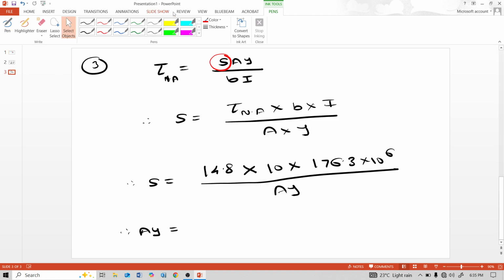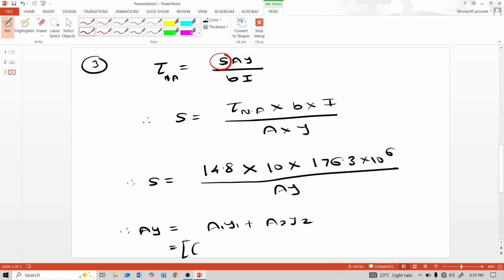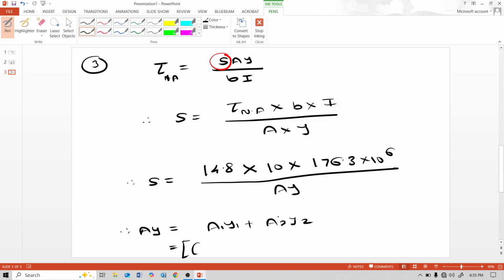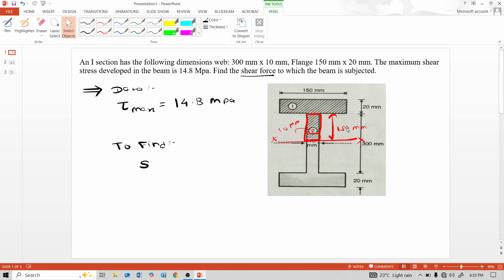So A1 y1 plus A2 y2, here 2. A2 area is 150 multiplied by 10, and this y2 distance is 150 divided by 2.